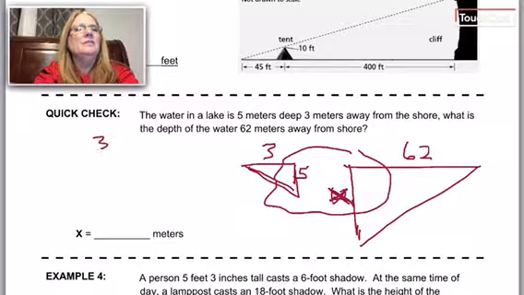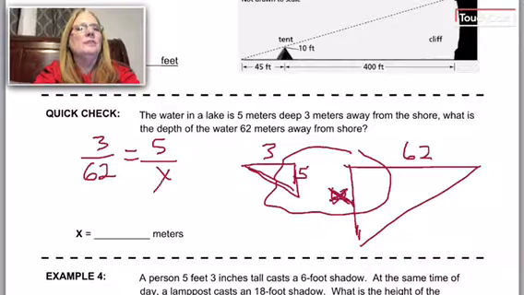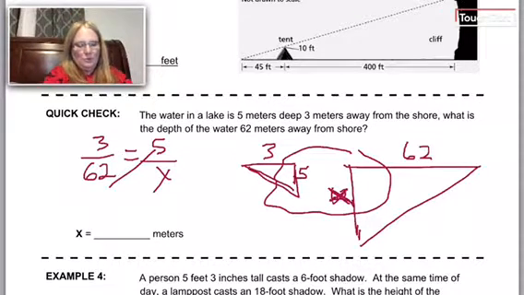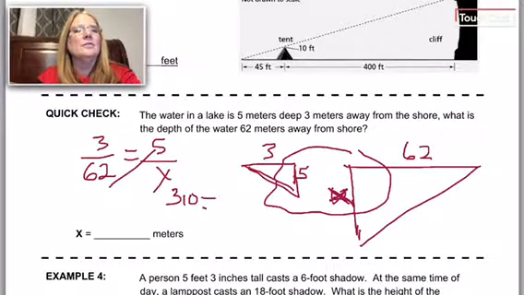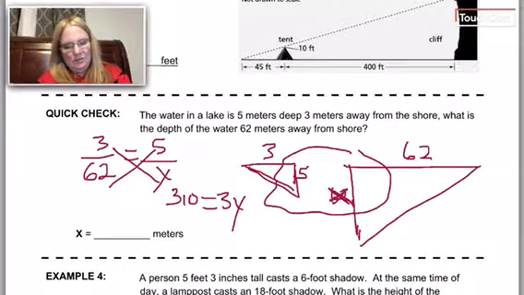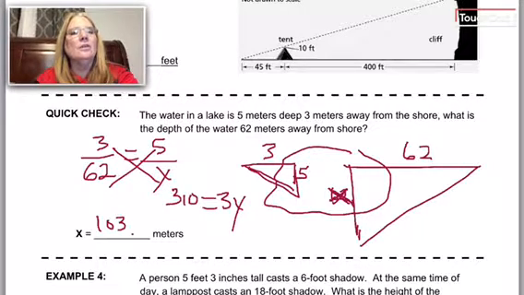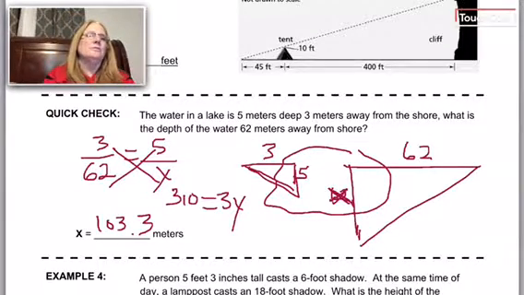So the 3 lines up with the 62 and the 5 with the X. So now we're going to cross multiply, and 62 times 5 is 310 is equal to 3x. Divide by 3 and you get 103.3 meters. So that would be how deep the water is.